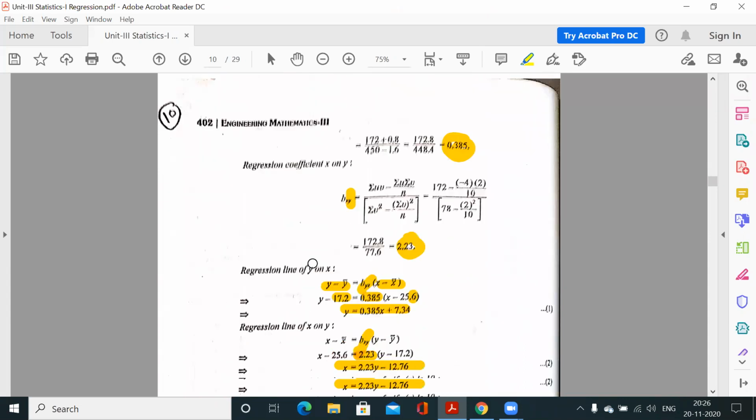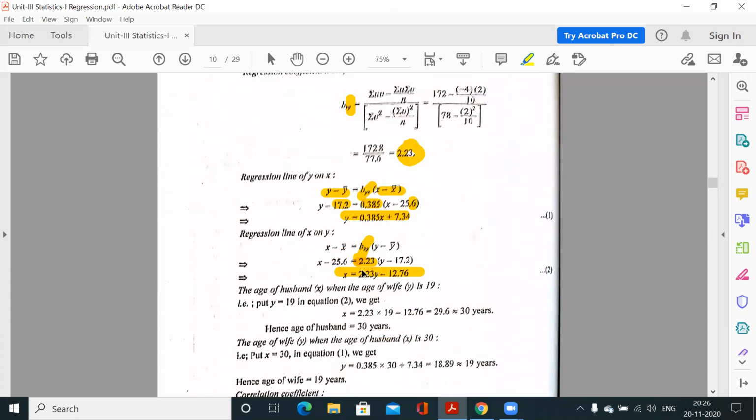So what is the regression line of x? This is the regression line of x. In this we will substitute the value of y as 19, because we have to predict x. So x is equal to 19 into something, and this is 29.6.